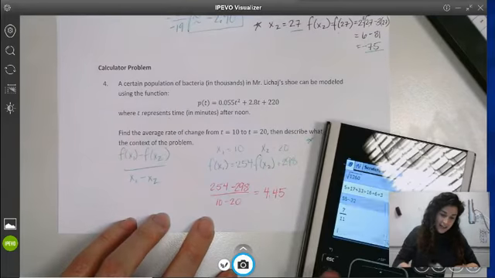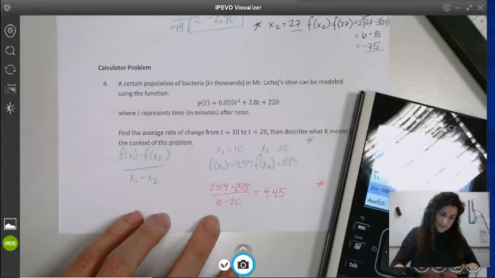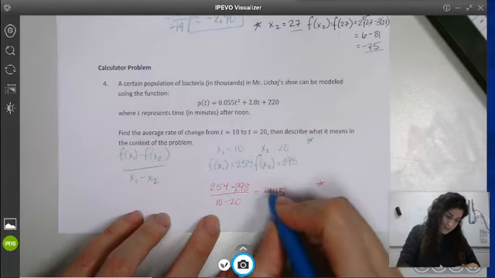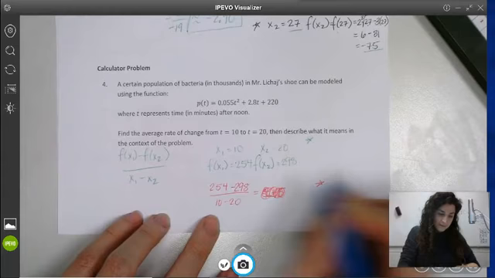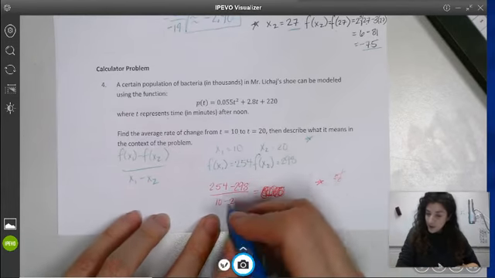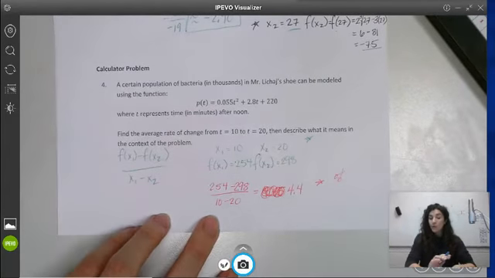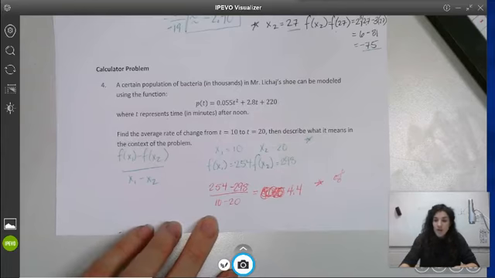So let's try it: 254 minus 298 divided by 10. We get a value of 4.4, which is fine. That's great. That's the average rate of change.